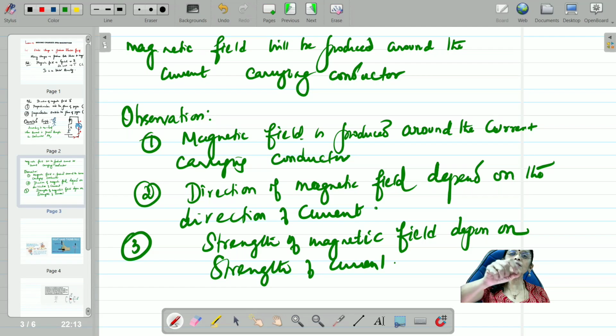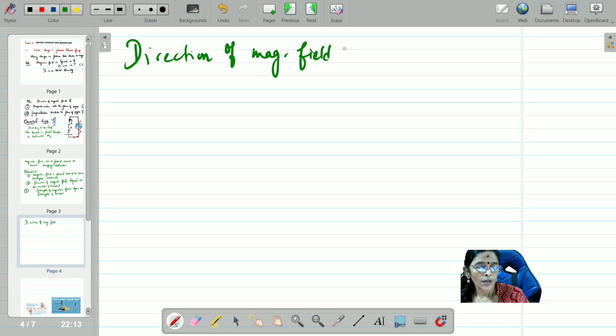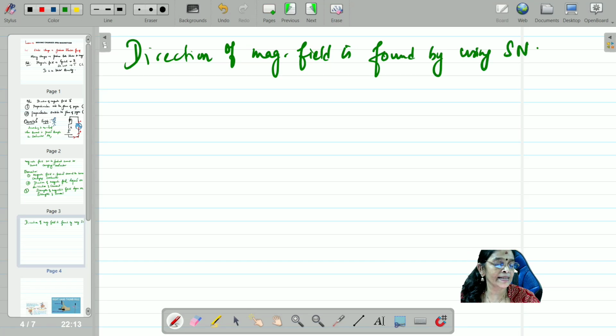Oersted. He was also trying to give the direction. How did we give the direction? The direction of magnetic field is found by using the Snow rule. S-N-O-W, children, Snow rule.